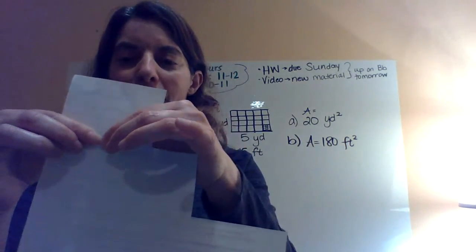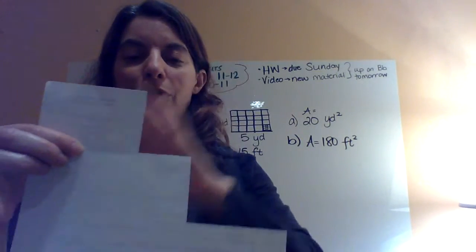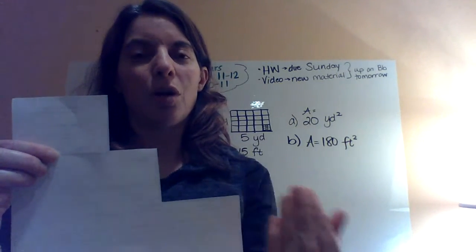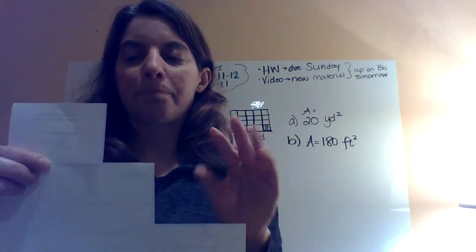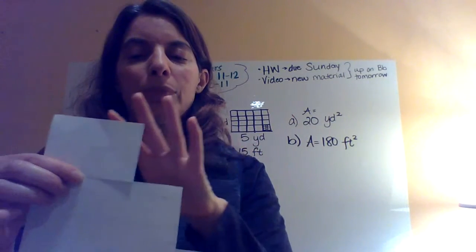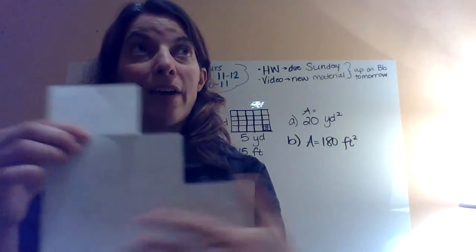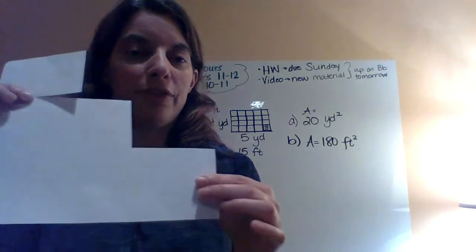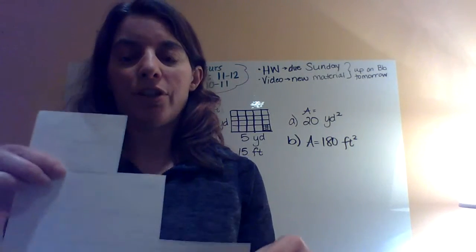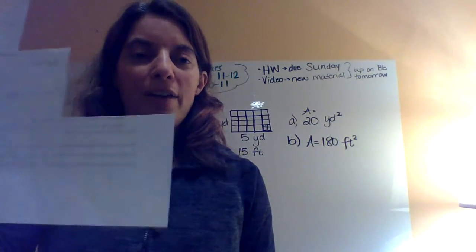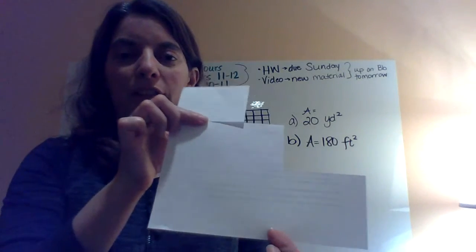So we were talking about how if we want to find the area of a normal shape, then we have different area formulas, right? We have an area formula for a rectangle, for a triangle, for a square. We don't have an area formula for like little stairs.